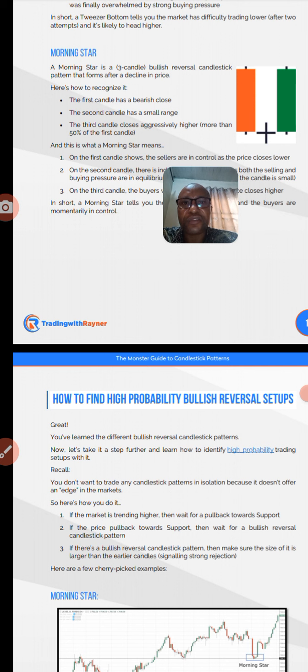The first candle has a bearish close, that means the sellers brought price down. The second candle has a small range. The third candle closes aggressively higher, more than 50% of the first candle. And this is what a morning star means.